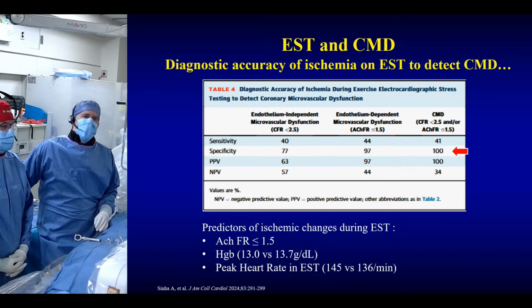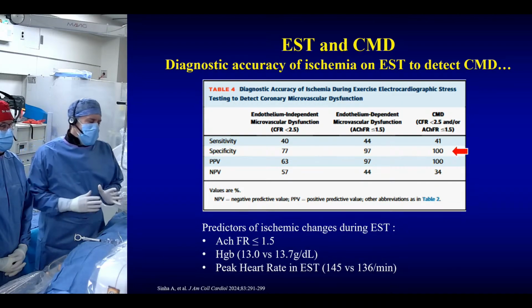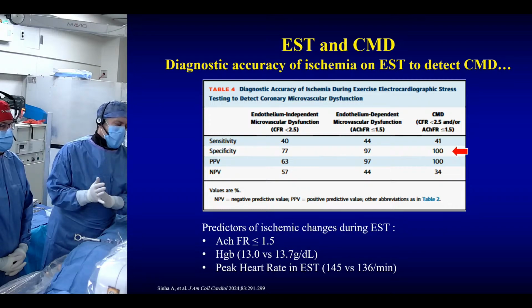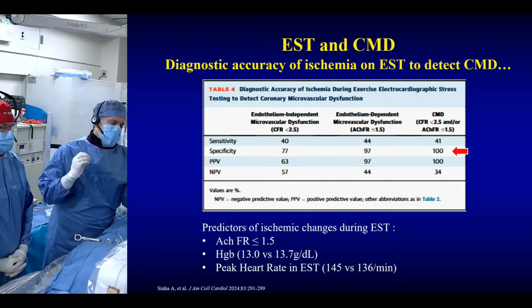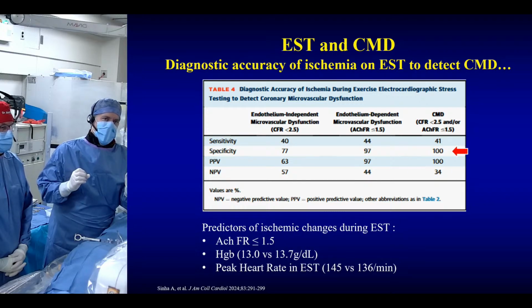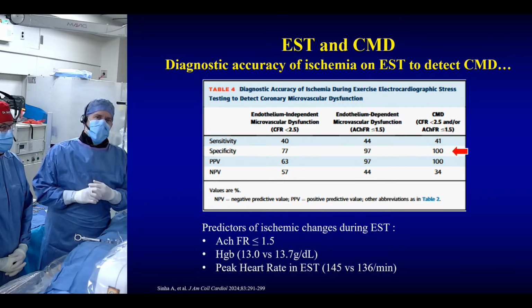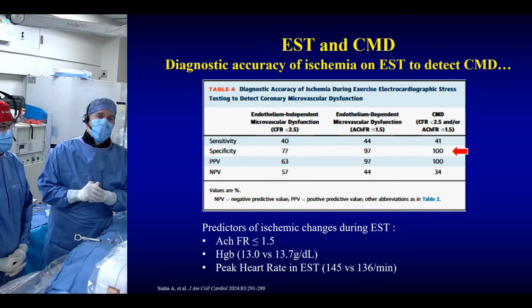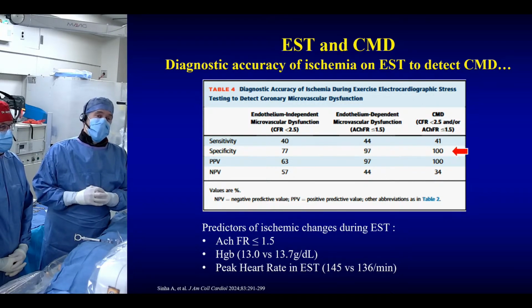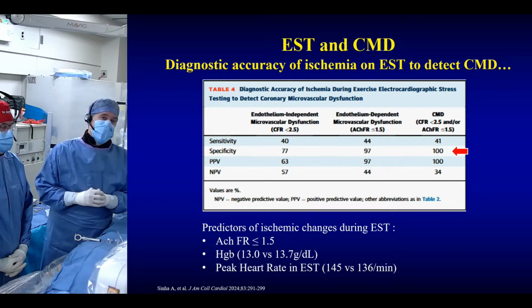What the authors found, looking at the ability of ischemia on a stress test to determine if patients have CMD, was that with an abnormal CFR the specificity was around 77%.